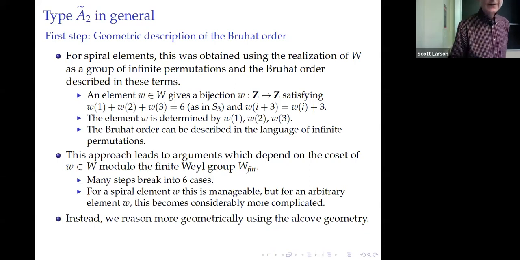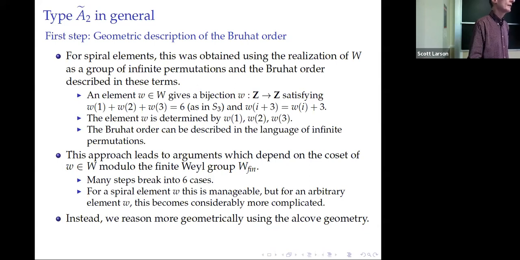Now, again, this slide I don't really want you to read too much, but the point of this slide was to say that in the prior work with Li, we did this geometric description in what I would say is a not very efficient way. It was known that if you realize the Weil group in terms of infinite permutations, which is described here very briefly, there was a description of the Bruhat order in terms of infinite permutations.